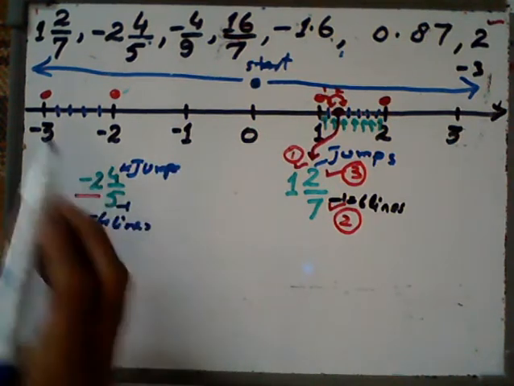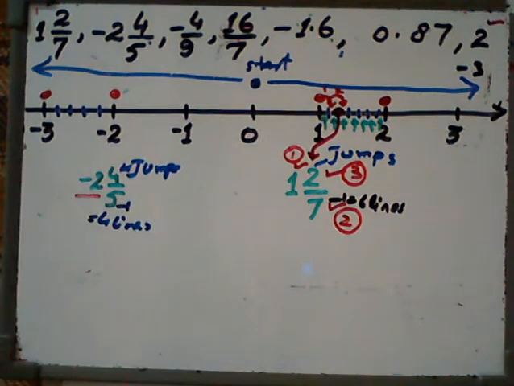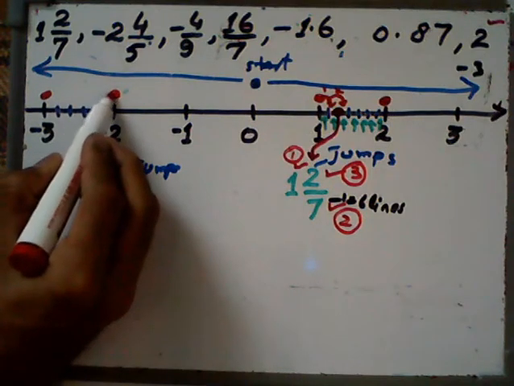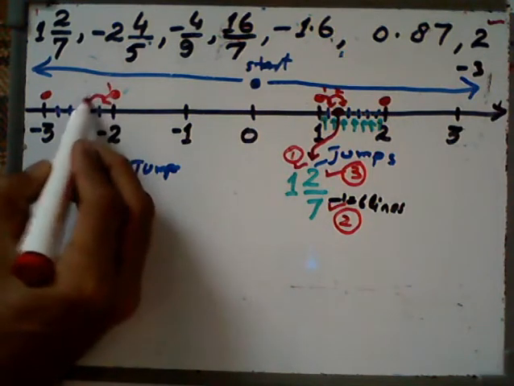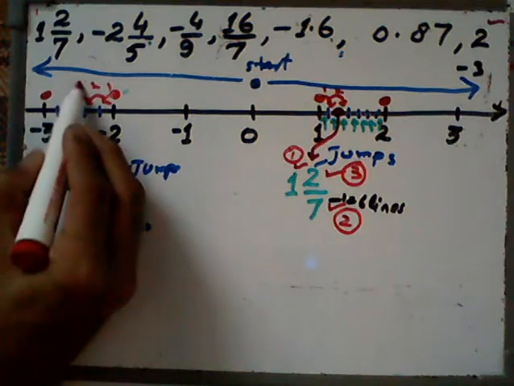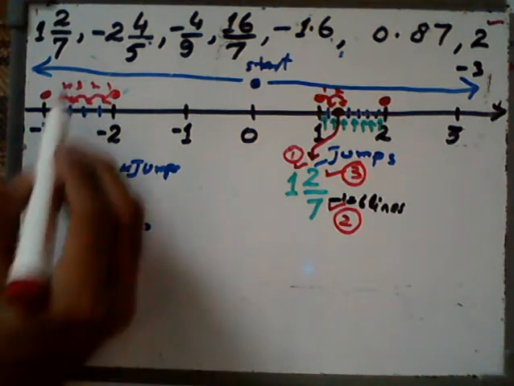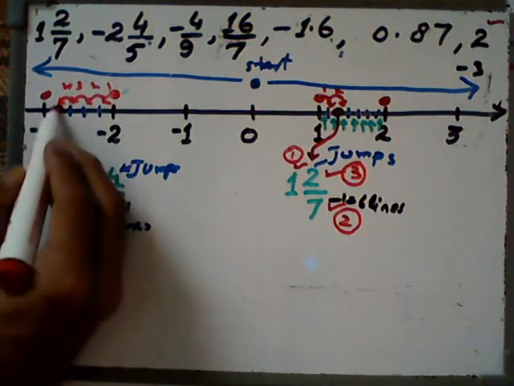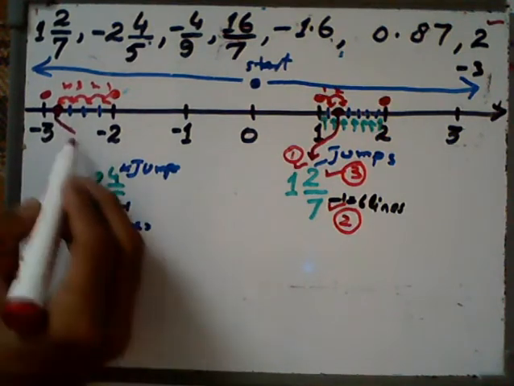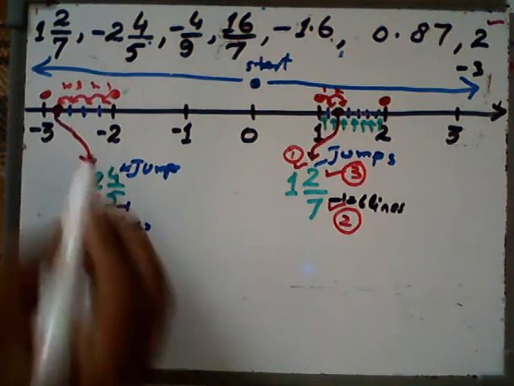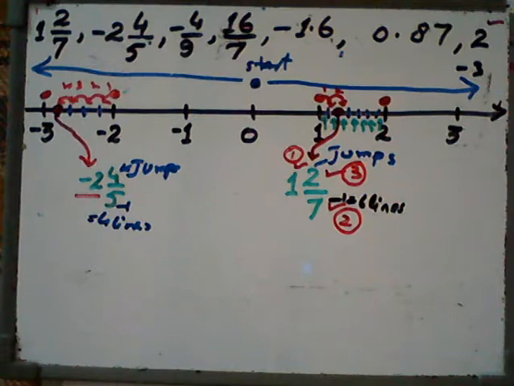We need 4 jumps, so we are making 4 jumps from here. First jump, second jump, third jump and fourth jump. So this is our last position, and this point is representing minus 2 whole 4 by 5.